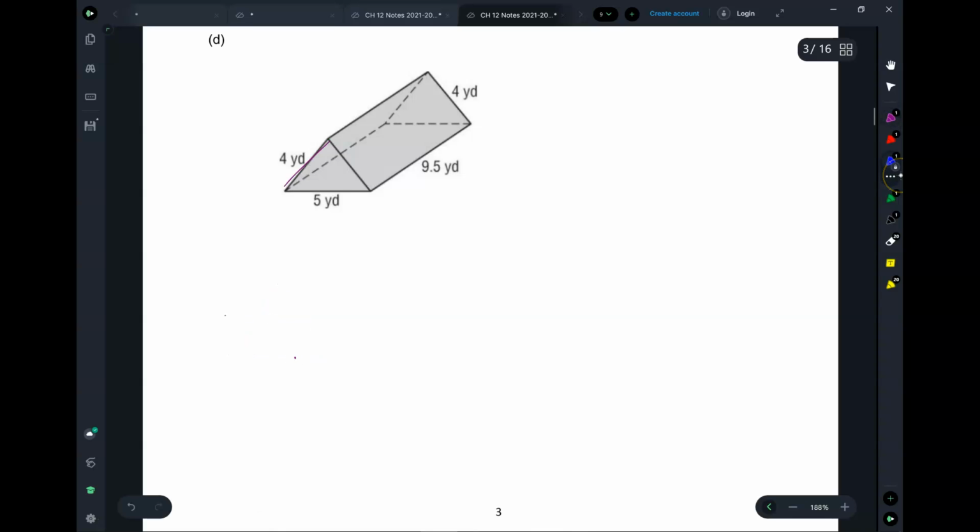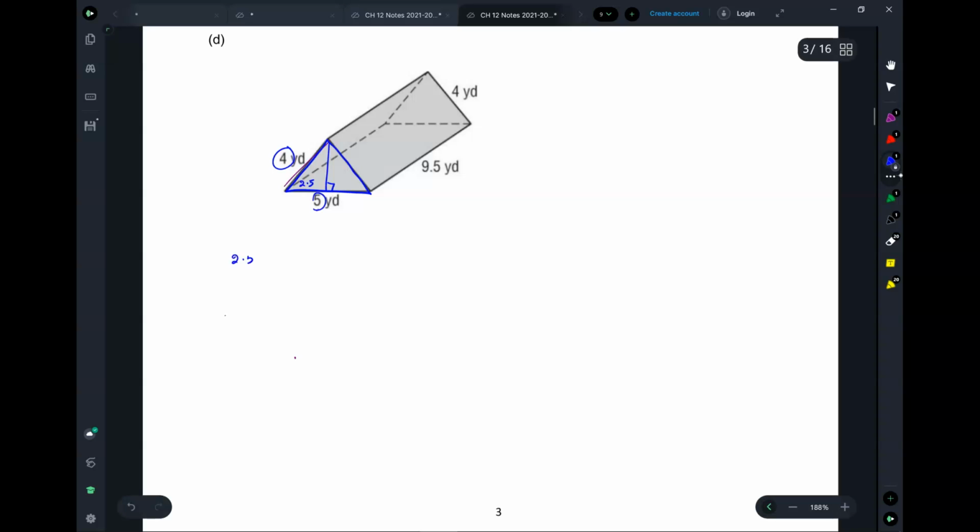Okay, let's do it an easier way. Since we have this given as a 4, this is the base of the triangle, right? The 5. And this would be the height, correct? So if this is 2.5, you can also do Pythagorean theorem to find the height.